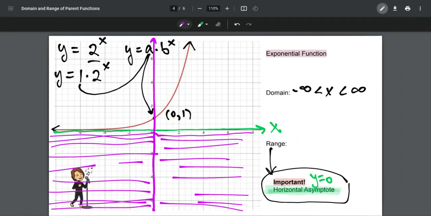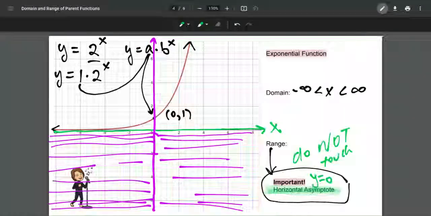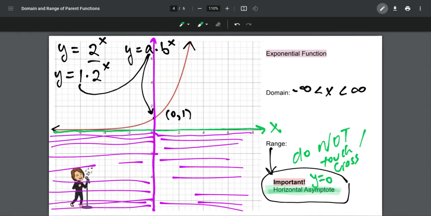And what that means is that's the do not touch or cross situation. The horizontal asymptote is a line that the graph will approach, but never ever touch or cross. Even the calculator gets confused at times. So don't let that deter you from doing the right thing.